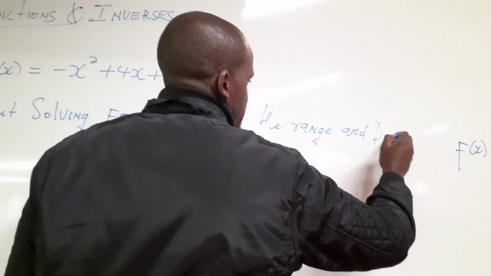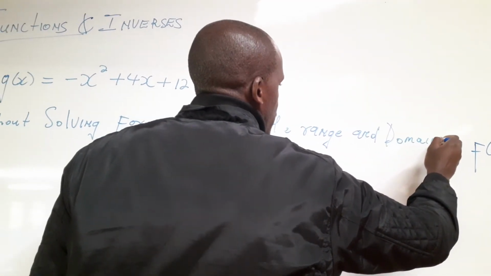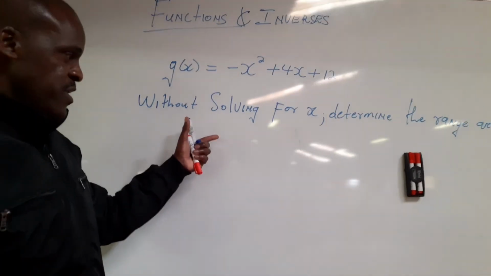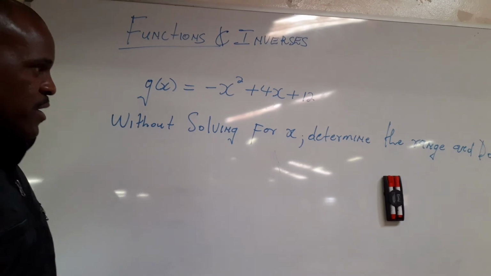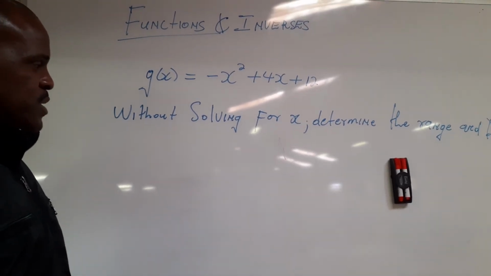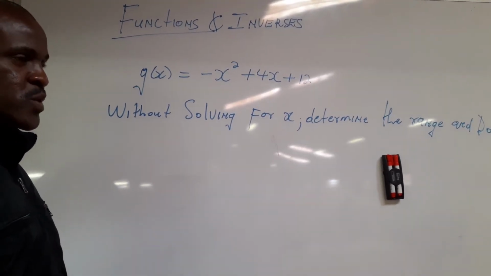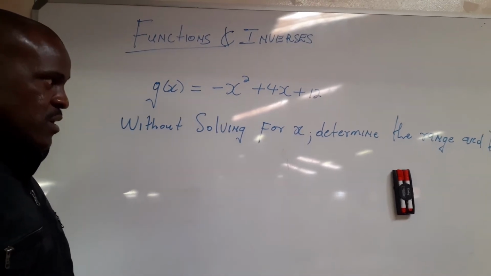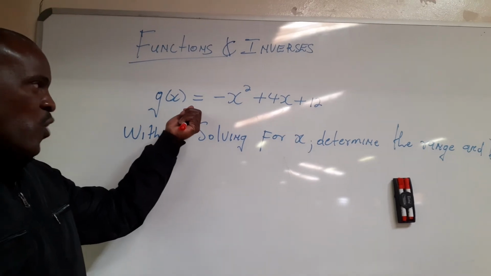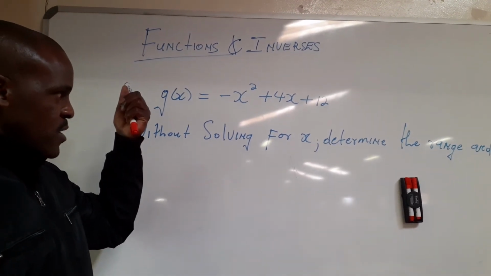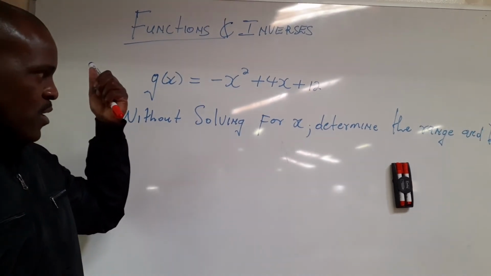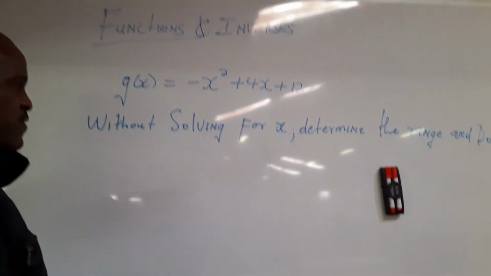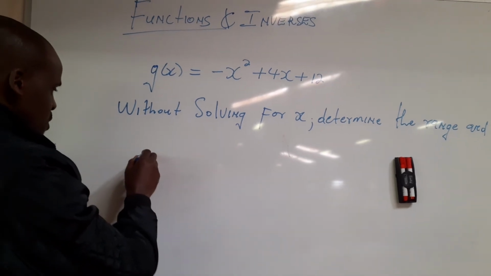Without solving for x, determine the range and the domain. Remember that for us to find the range, we need to see the value of y at the turning point. So here we are to find y at the turning point. It's either we complete the square or we find the x value and then substitute it into the original to find y. Right, let's complete the square.